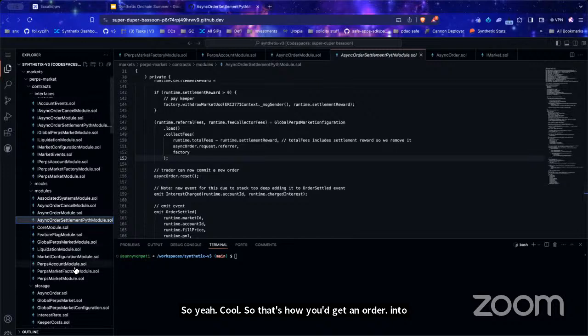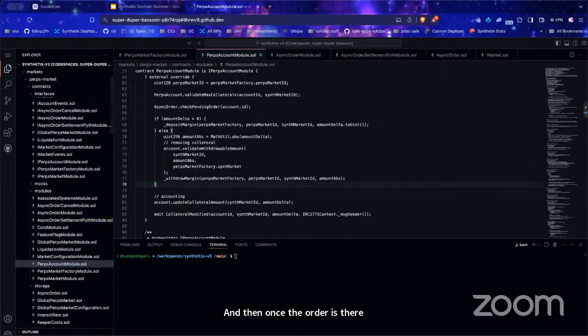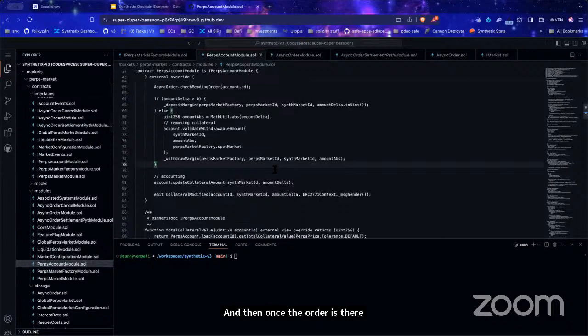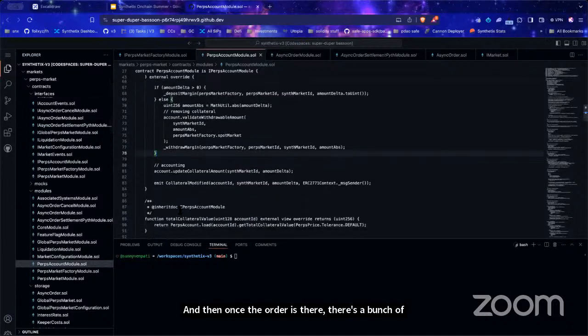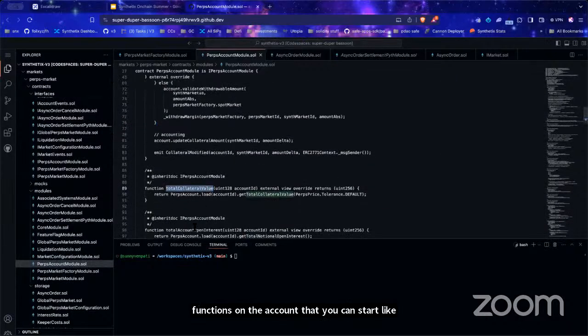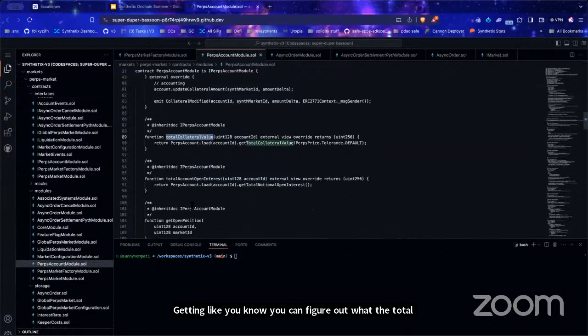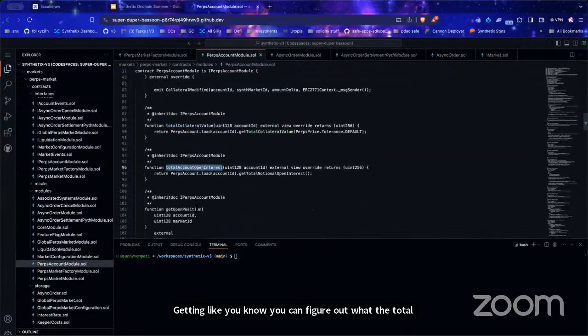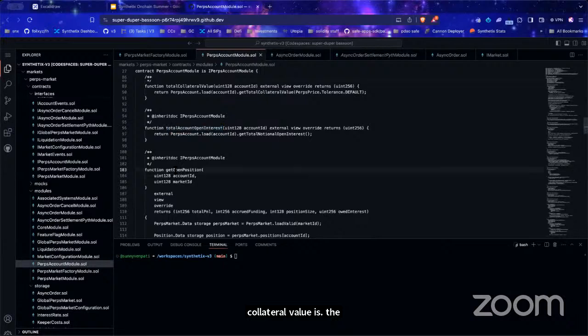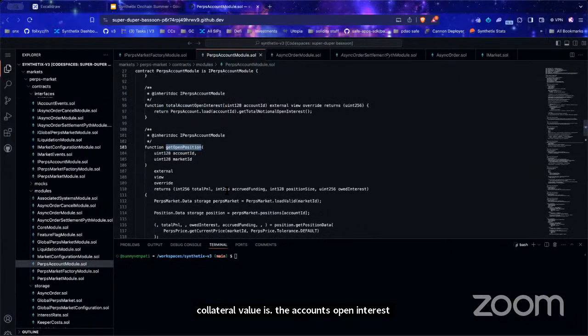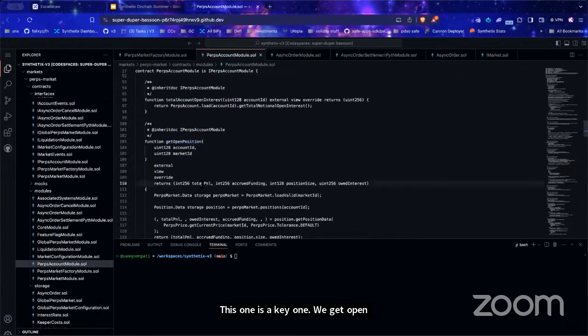And then once the order is there, there's a bunch of functions on the account that you can start using. You can figure out what the total collateral value is, and the account's open interest. This one's a key one, the get open position. This will give you the current P&L of the account, and the funding, which we talked about earlier, like how much funding they've accrued.